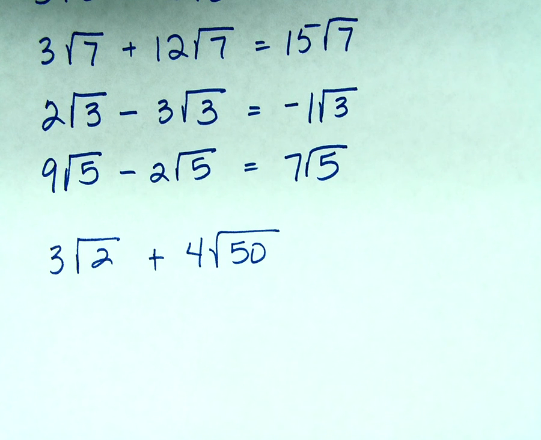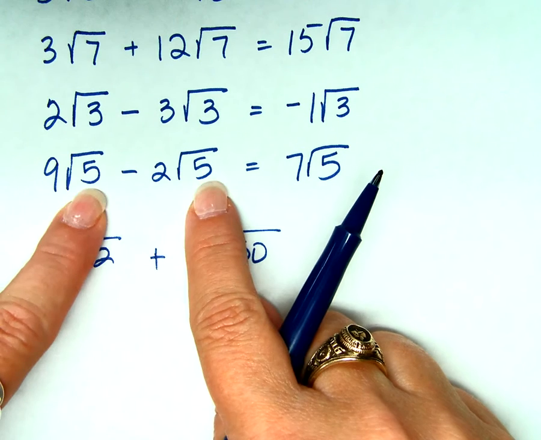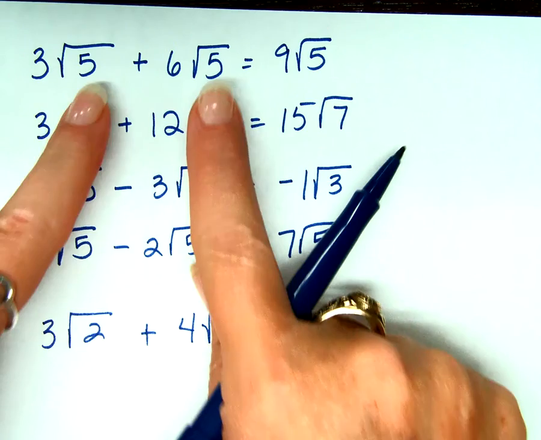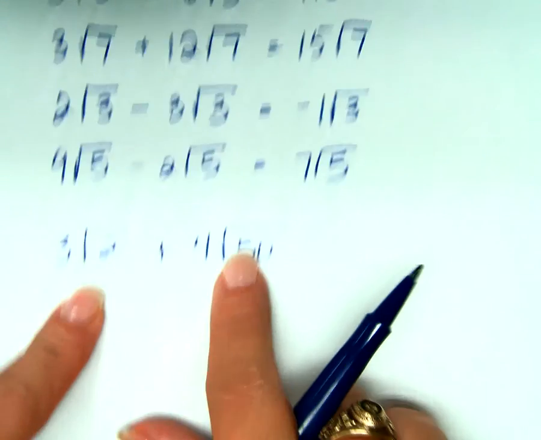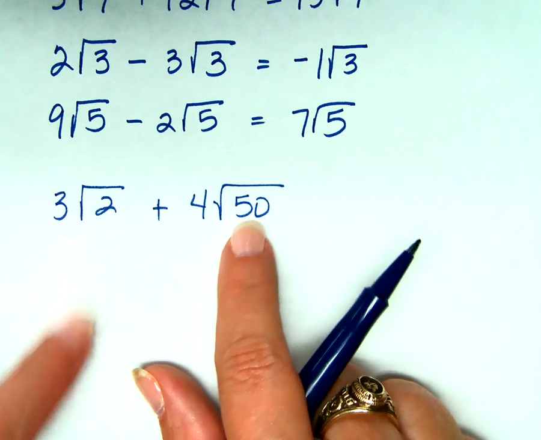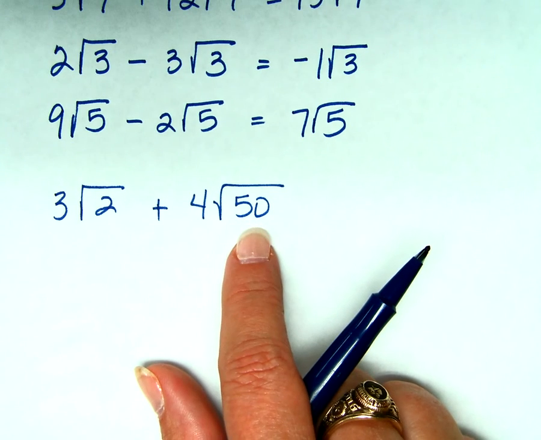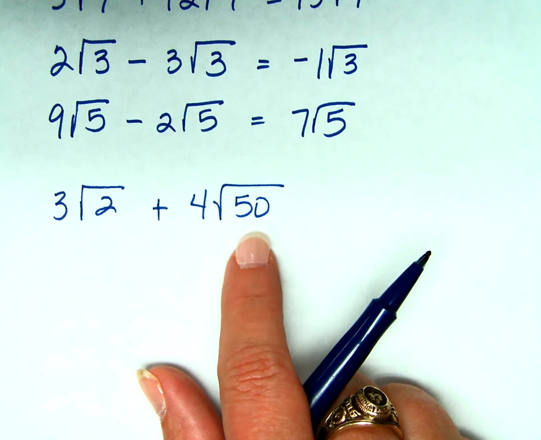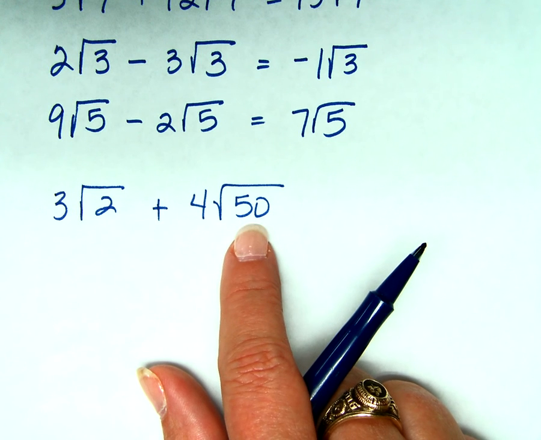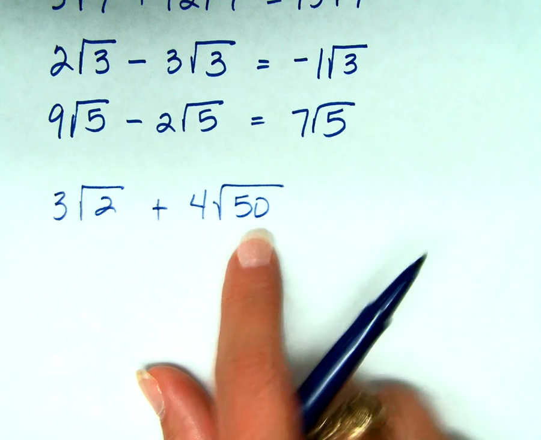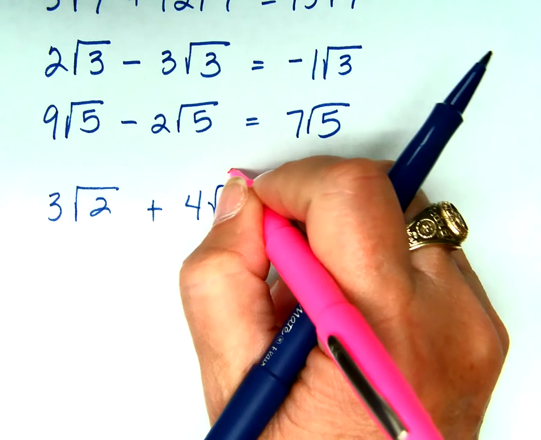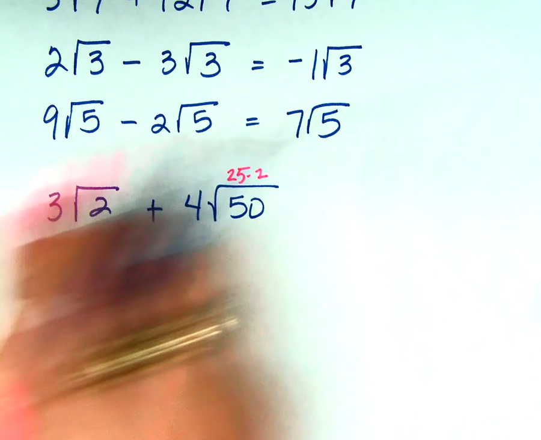Can I add these two? When can I add radicals? When they are the same, okay? But is this a radical I can simplify? Do I know a number that divides into 50 that I know the square root of? Isn't that 25 and 2?